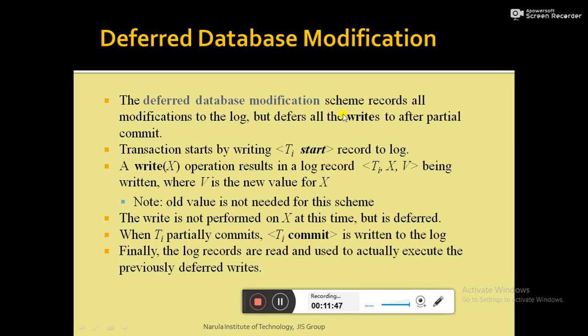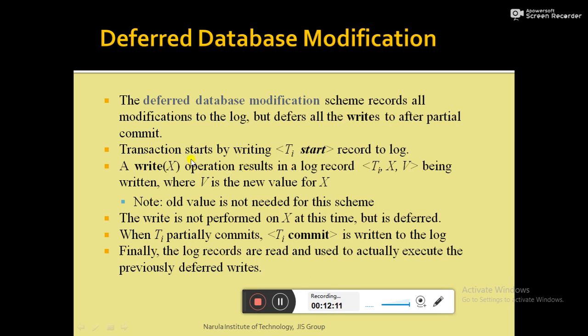Once the transaction partially commits, all the output of the write operations it has performed is updated on the database, with the help of the log. How it happens, we will see in the next slide.